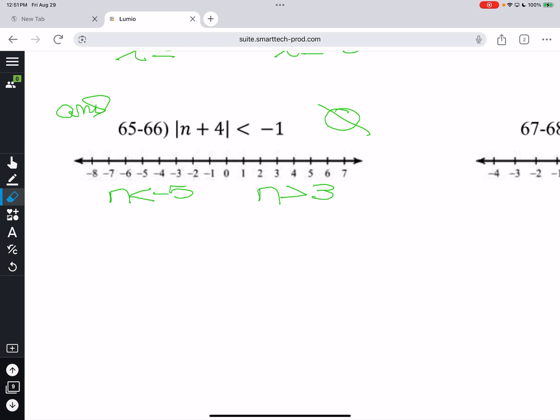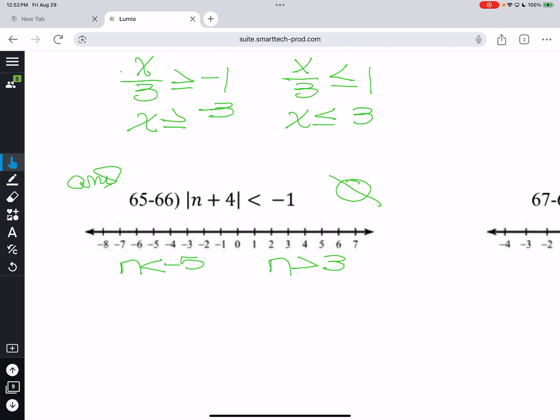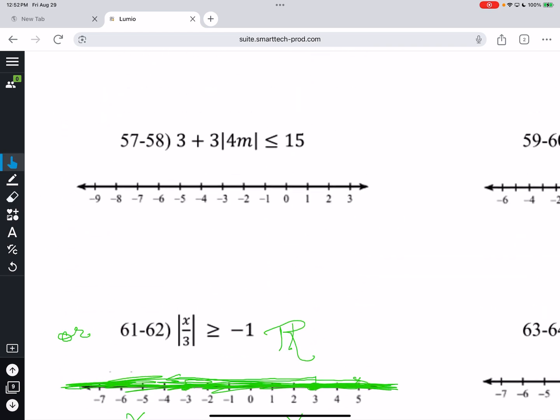If you leave it graphed, that's telling me that there's your solution. Even if you put no solution, you gave me a graph. No solution, no graph. All real numbers, fill in the line all the way across. All right, you work 57, 58.